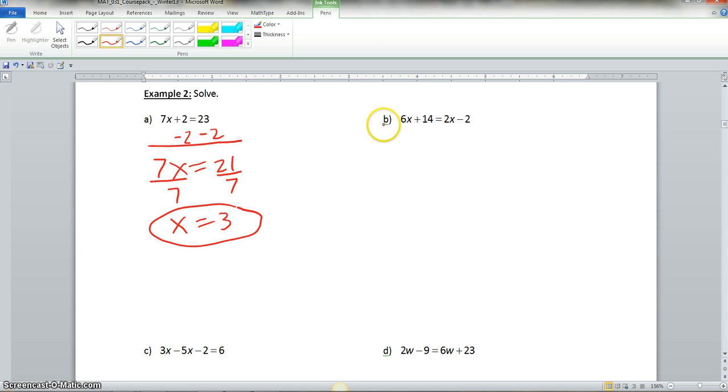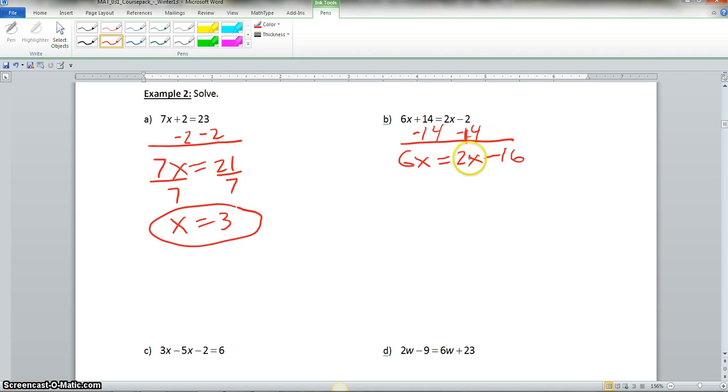Now we go over here to b. Now if you notice b, we have a variable on both sides of the equal sign. So this is what we would do. We will first subtract 14 on both sides. We will have 6x is equal to 2x minus 16.